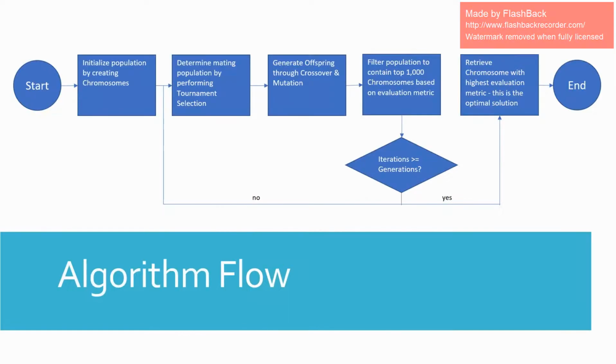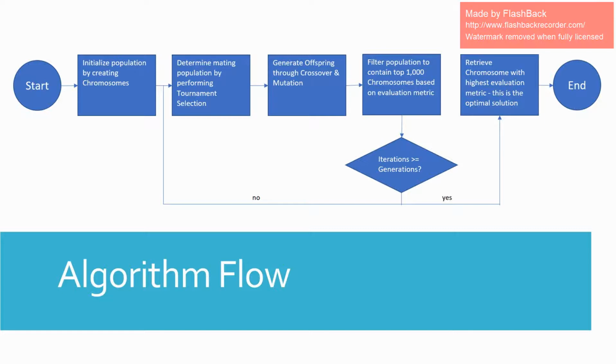So here's the overall flow of the algorithm. You start by initializing your population and creating random solutions. Then you step into your loop, which is to determine the mating population by tournament selection. Then you generate offspring through crossover and mutation. And then you filter the population down to contain the top 1,000 solutions based on the evaluation metric.